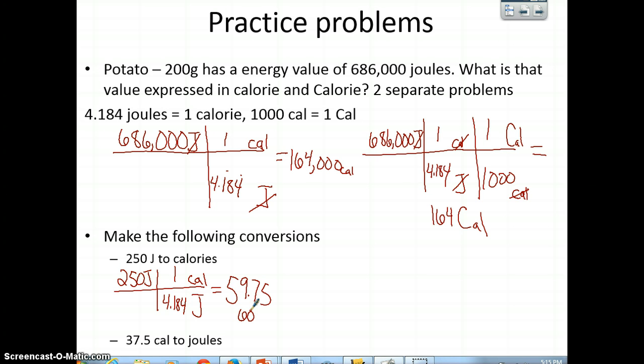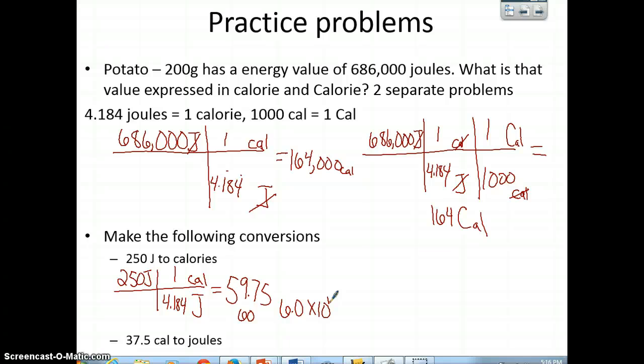That's still not 2 significant digits, so I'm going to write this in scientific notation. That's the only way I can get 60 into 2 significant digits.